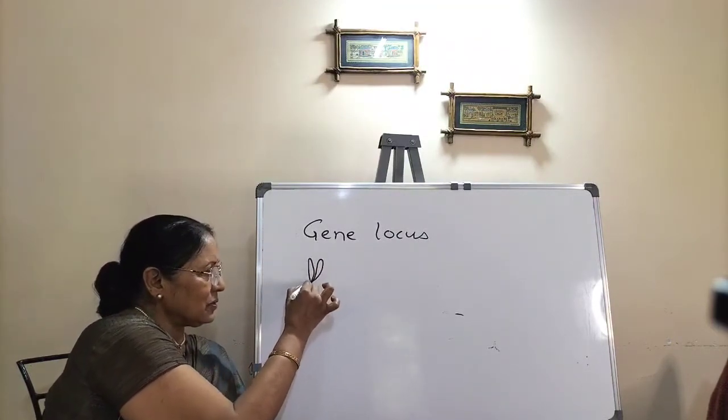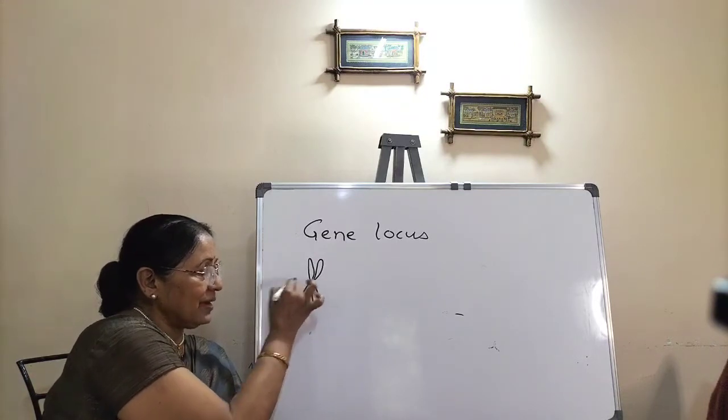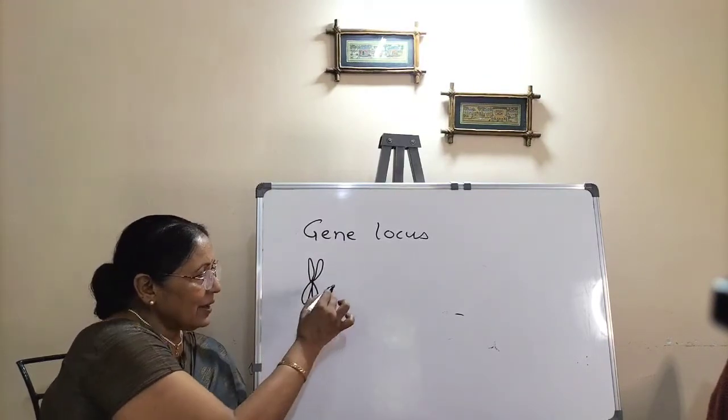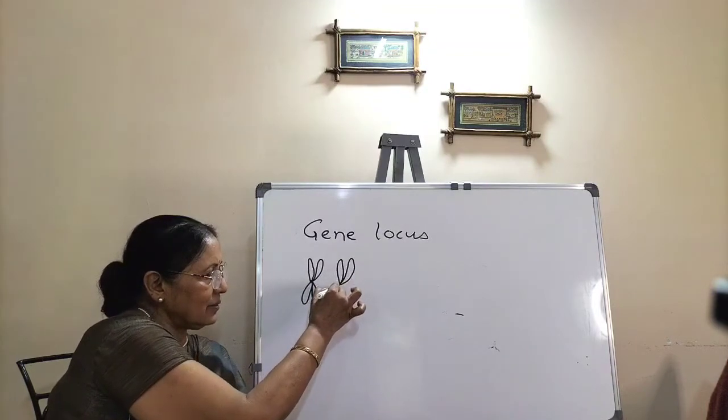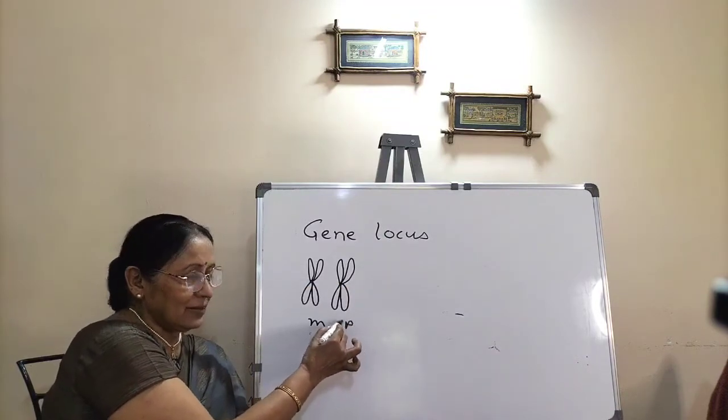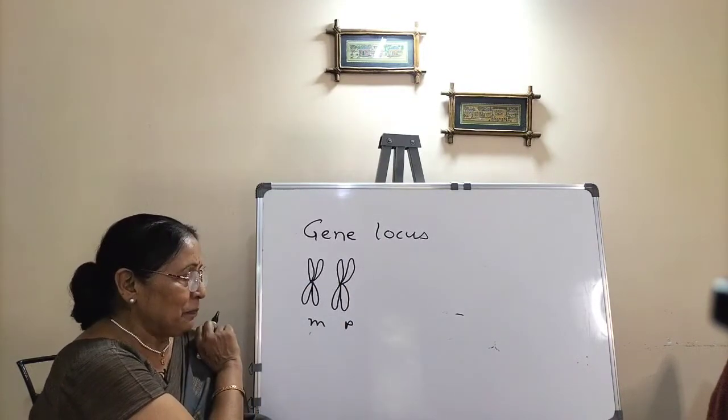This is one chromosome we have drawn. Exactly similar will be its homologous chromosome. Suppose this is maternal and this is paternal.